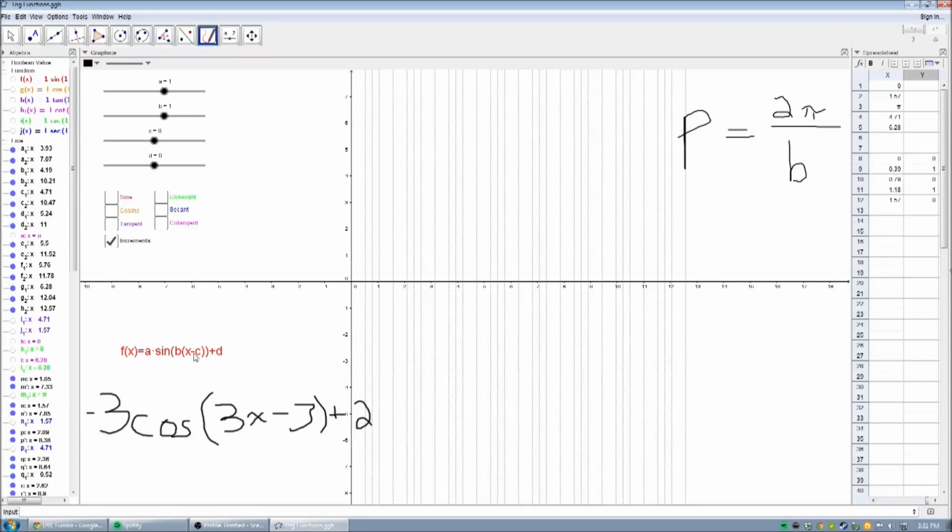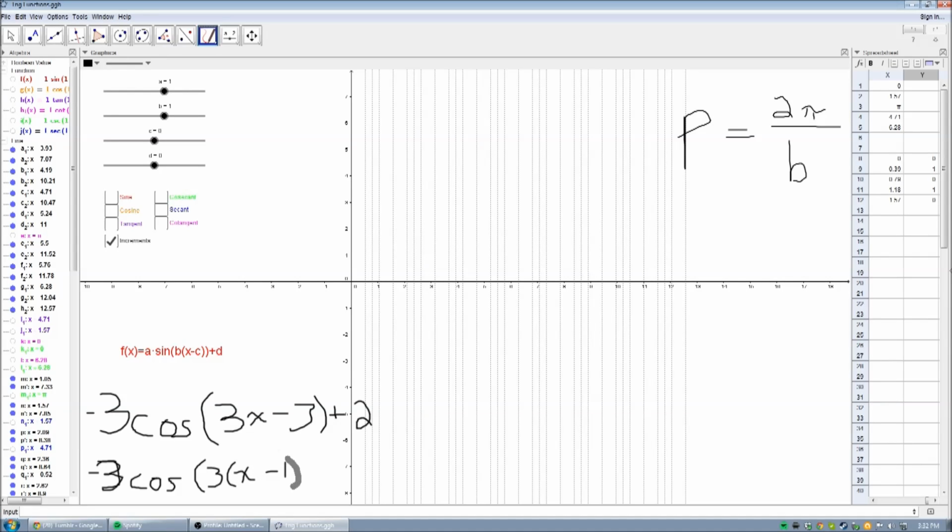Now this doesn't look exactly like the parent function that I have already written. Remember what I said before, the horizontal shift will be what makes this interior 0. Now if I factored out the 3, I would get -3 times the cosine of 3 times the quantity of x minus 1.